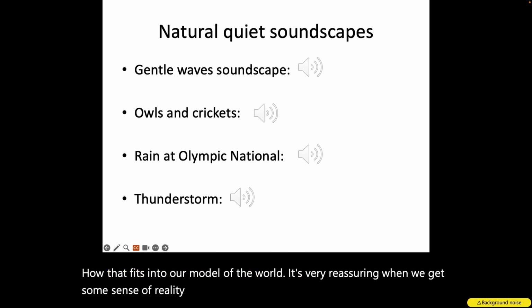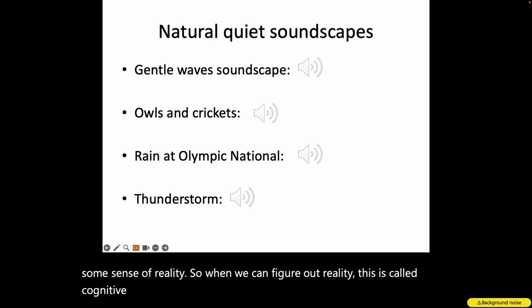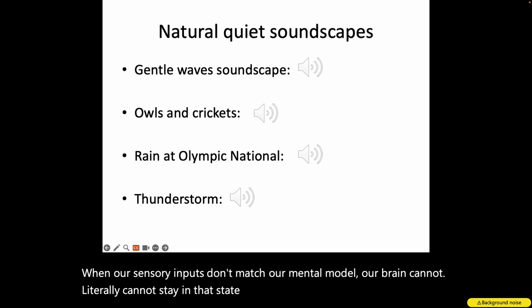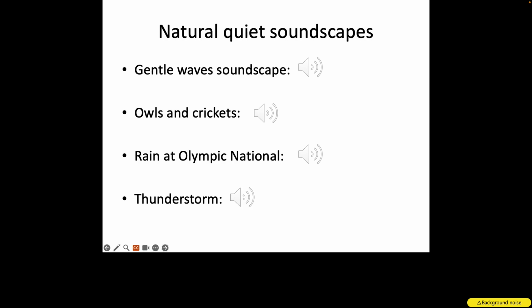When we can't figure out reality, this is called cognitive dissonance. When our sensory inputs don't match our mental model, our brain literally cannot stay in that state of unreconciled sensory input versus your mental model of the world of reality up to that moment.